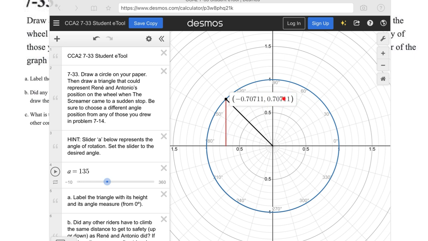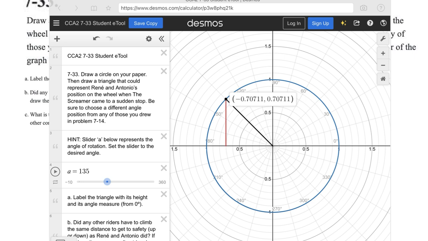So this is that height there. In part A, label the triangle with its height and its angle measure. So here, this would be 135 degrees, and its height would be 0.70711, or just 0.707. That 0.707 is a kind of common number that you'll see pop up in these triangles.